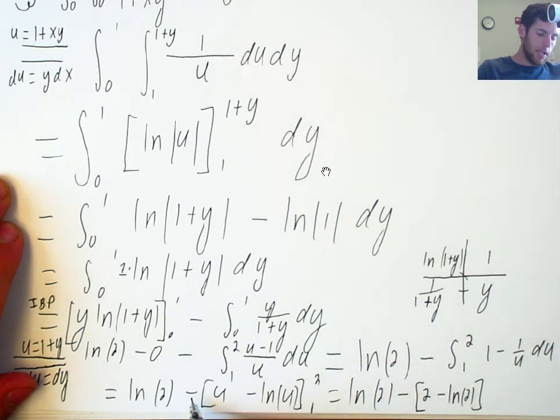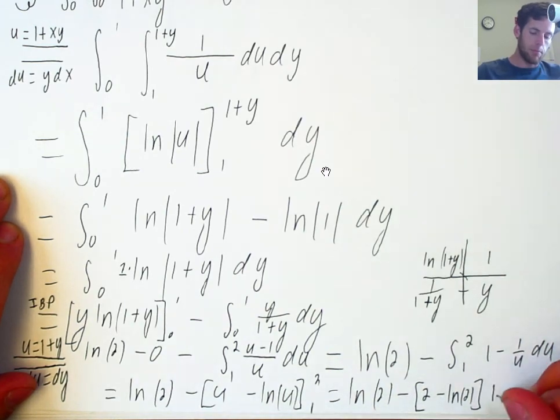Then we have minus for subtracting what we get when we evaluate it at 1. That's a plus overall. 1 minus natural log of 1, which is 0. Okay, so I see natural log of 2.